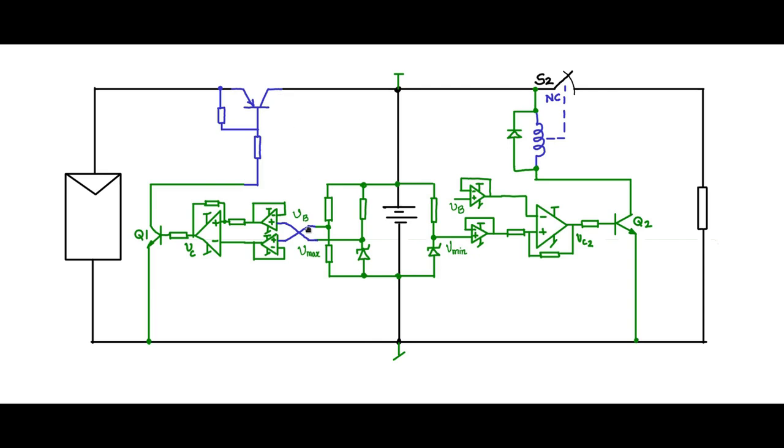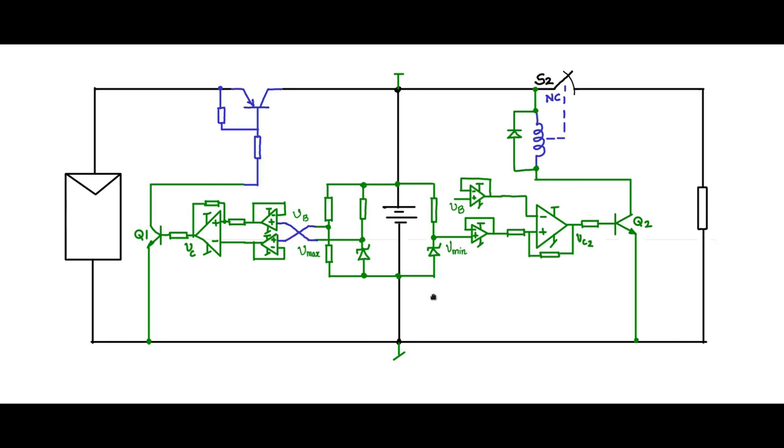Now when VB goes greater than Vmax, the negative goes higher than the plus, this will go low, Q1 will switch off, there is no base drive, and this will switch off. So when VB is greater than Vmax, we want this to switch off, and then we want the battery to discharge into the load.